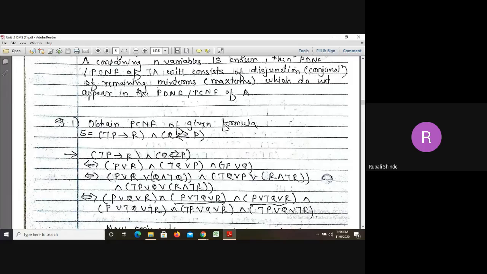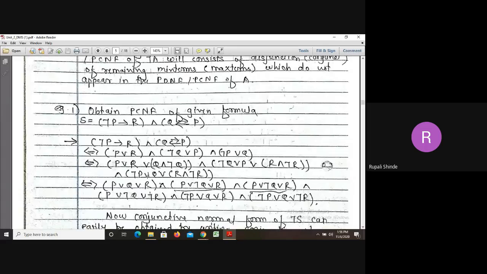Here we have applied the distributive law for this first bracket, the whole bracket. Now we have to simplify this term. Again we apply the distributive law as P or negation Q or R and P or negation Q or negation R. So here we have written those two terms.